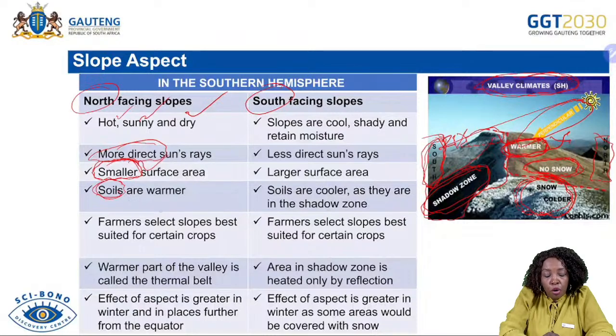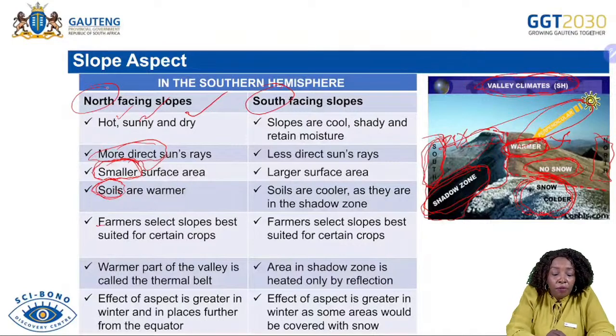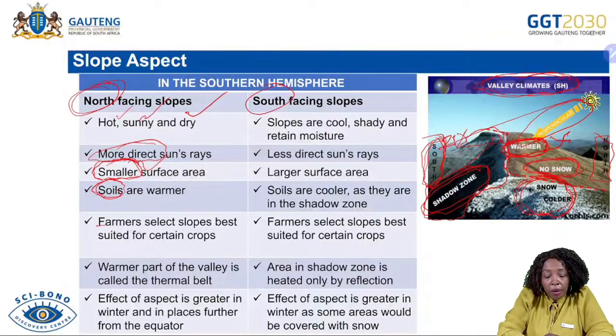The soil would be warmer because of the intensity of the sun's rays there, meaning the surfaces above the soil would be warmer. And then farmers select slopes best suited for certain crops. So even when you are a farmer settled around the areas within the valleys, you have to choose carefully where you do your farming activity.